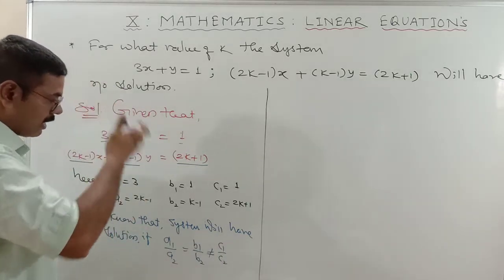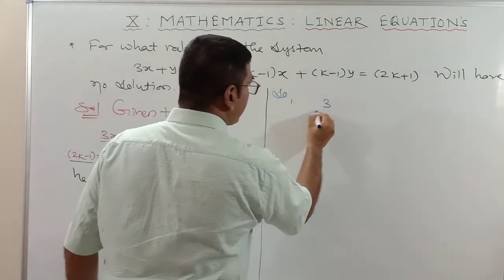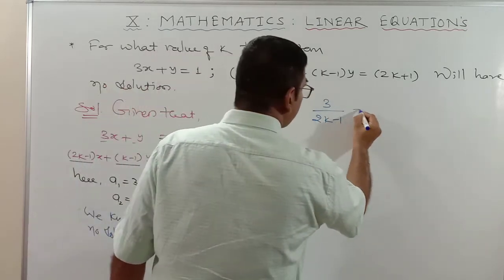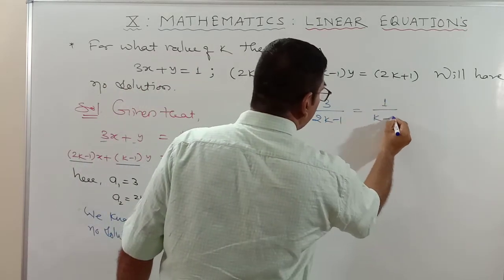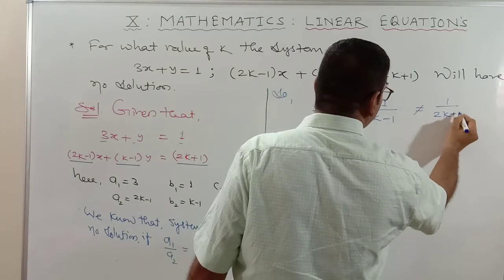So we must see the condition: 3 upon 2k minus 1 is equal to 1 upon k minus 1, and it is not equal to 1 upon 2k plus 1.